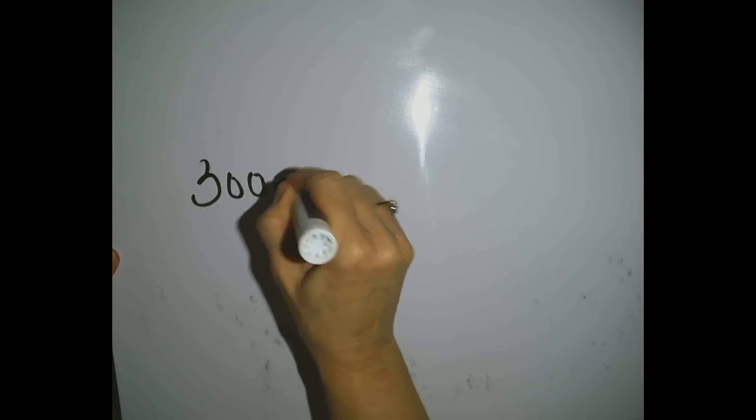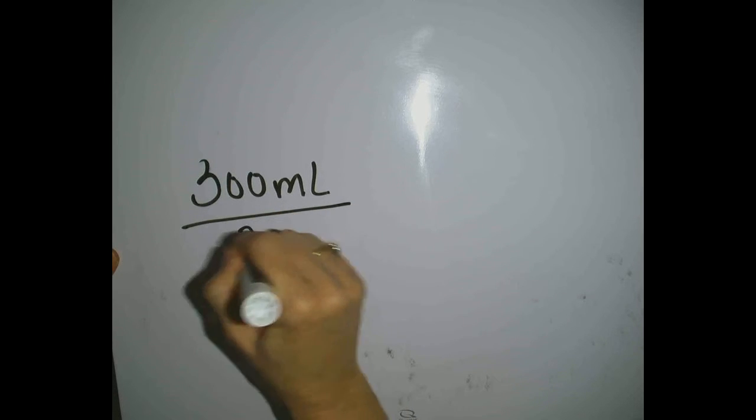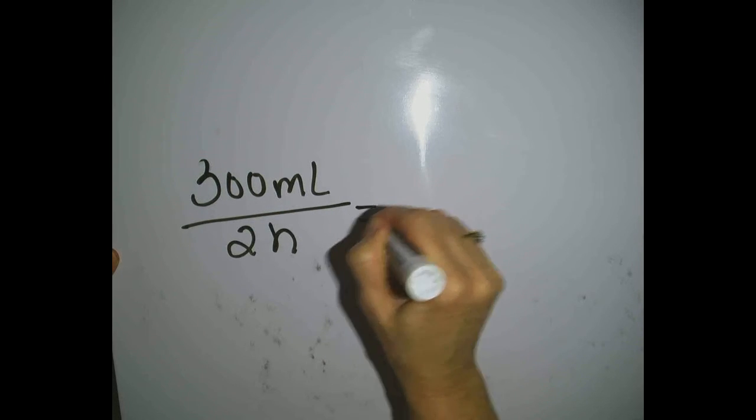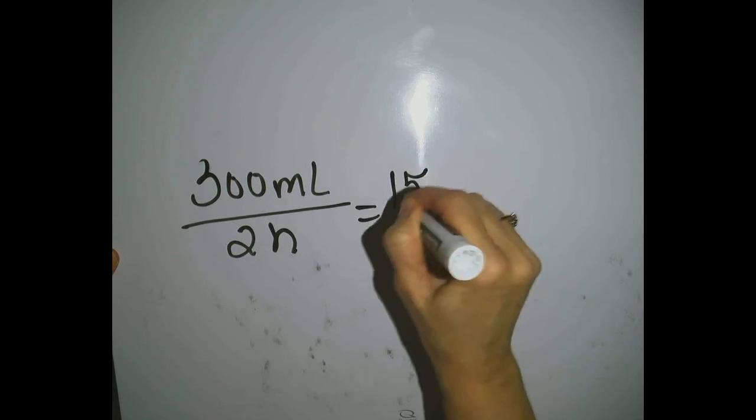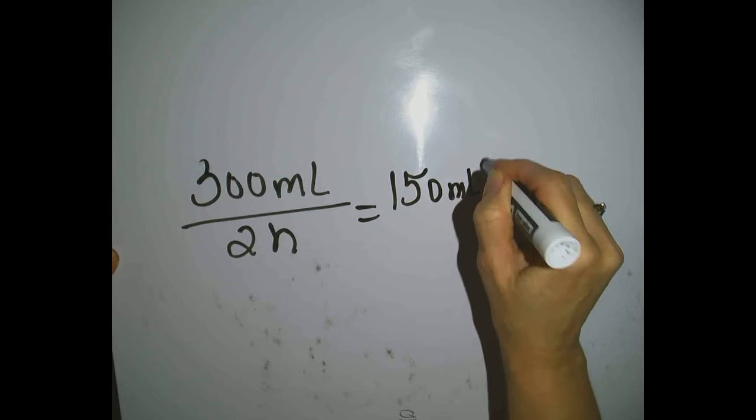Okay, in our next example, we were asked to infuse 300 milliliters of normal saline over 2 hours. So we took our 300 milliliters over 2 hours, and we determined that the hourly rate was 150 milliliters per hour.